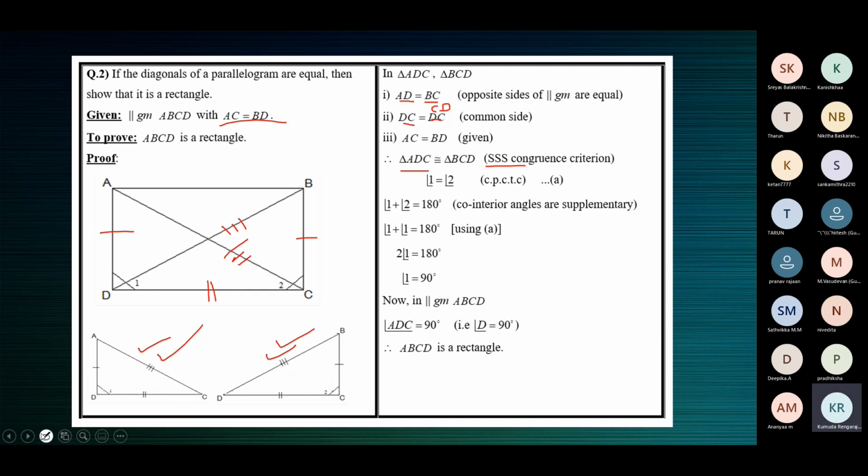If you take these two, AD, DC, and this is BC, we write it as CD. So AD, DC is ADC, and BC, CD is BCD.